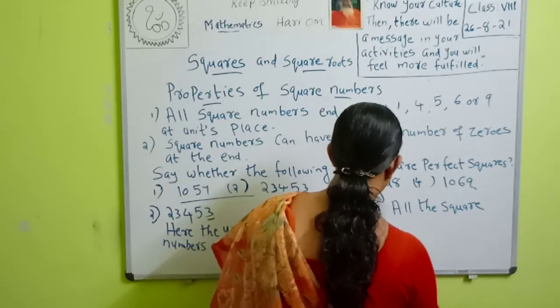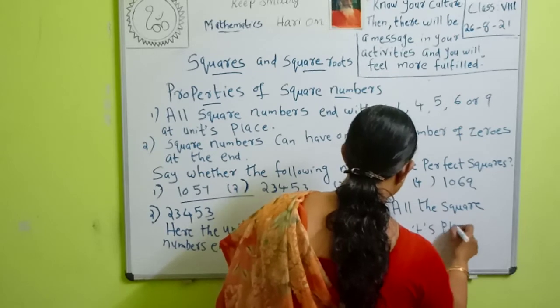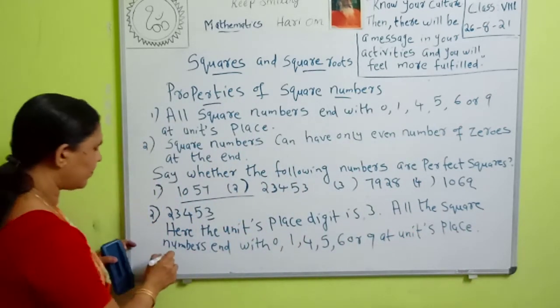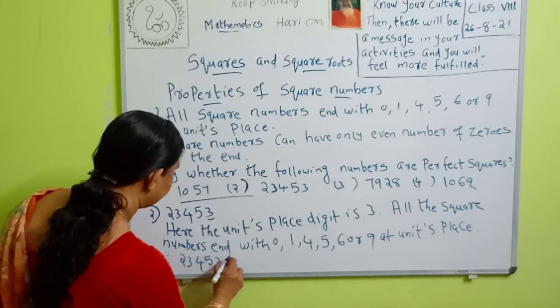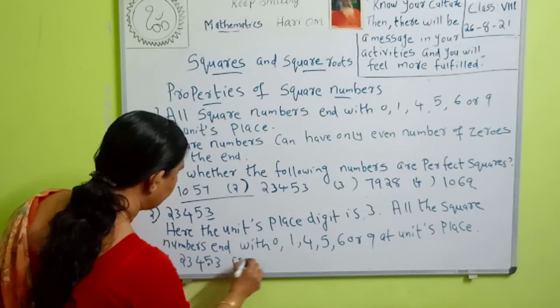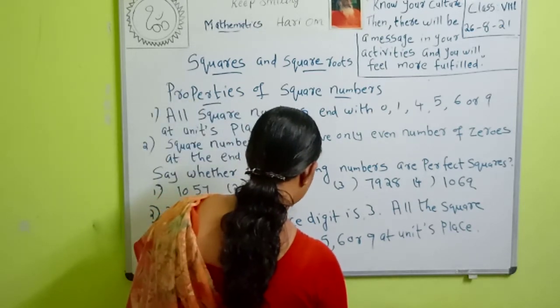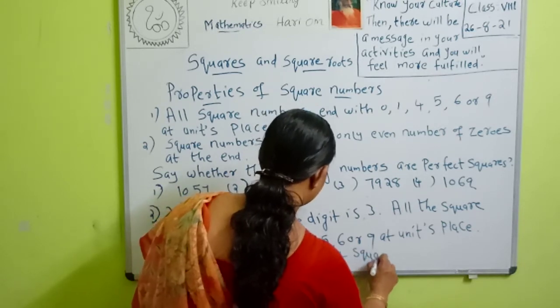Therefore, what we can say, is it a perfect square? Therefore, 23,453 is not a perfect square.